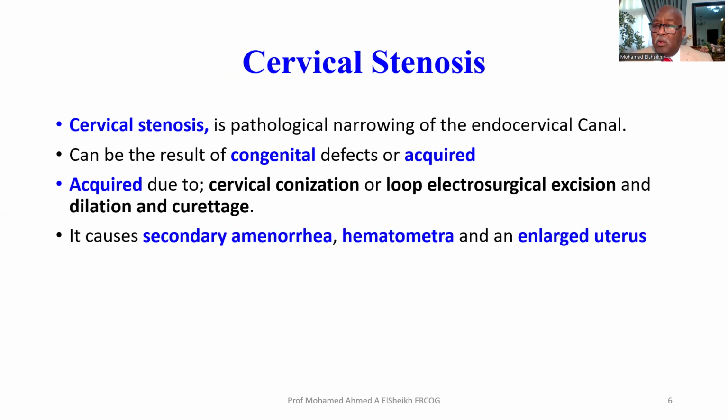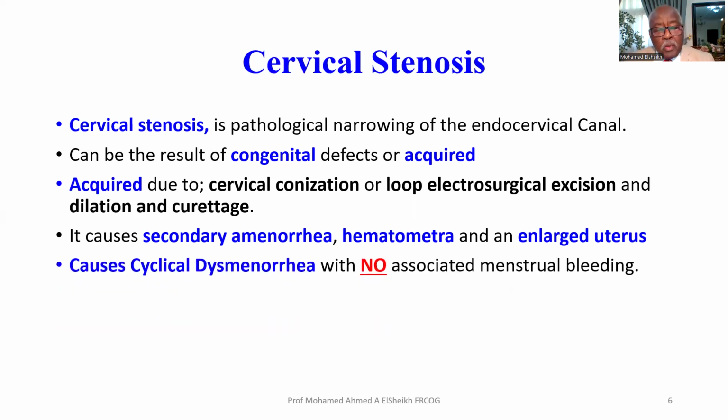So clinically, you will find an enlarged uterus because of hematometra, and there is no bleeding coming externally, causing secondary amenorrhea. So it's a blockage of the flow of the menstrual blood. It causes cyclical dysmenorrhea with no associated menstrual bleeding.